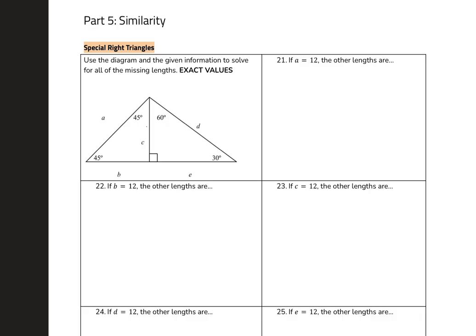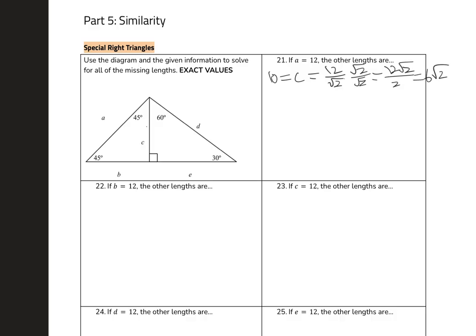Okay, so if A is equal to 12, in order to get from the hypotenuse to the side length, we have to divide by root 2. So that would give us that B is equal to C is equal to 12 over root 2, and we'll multiply top and bottom by root 2 to get 12 root 2 over 2 is equal to 6 root 2.